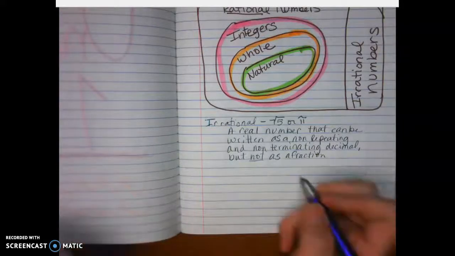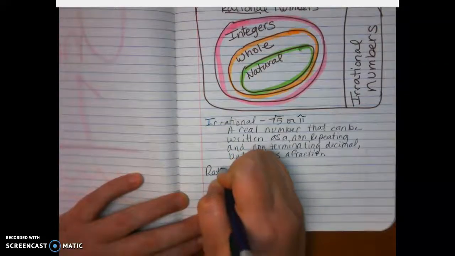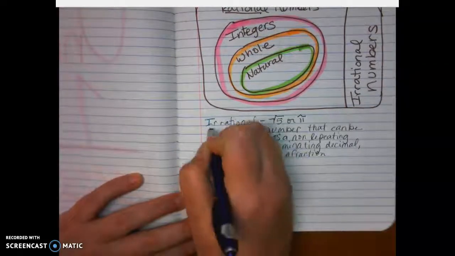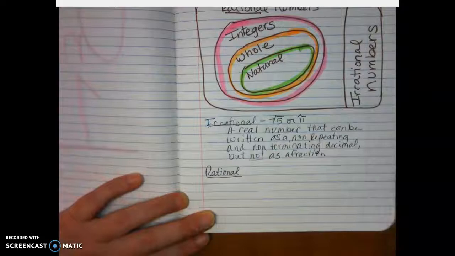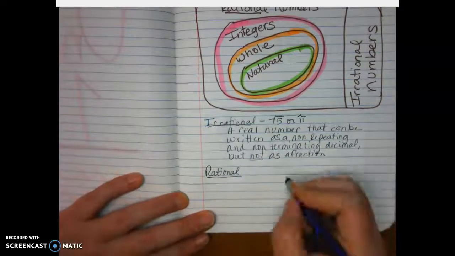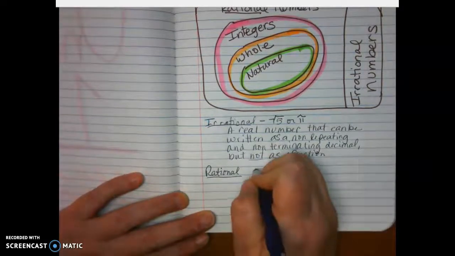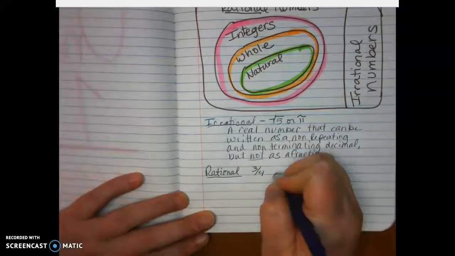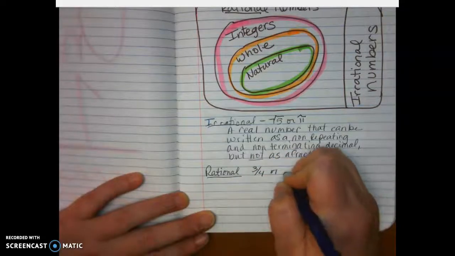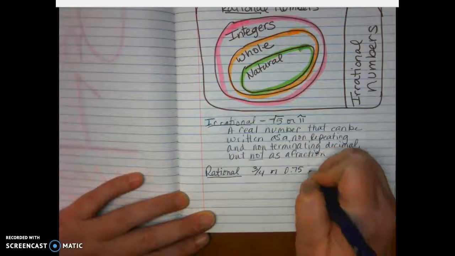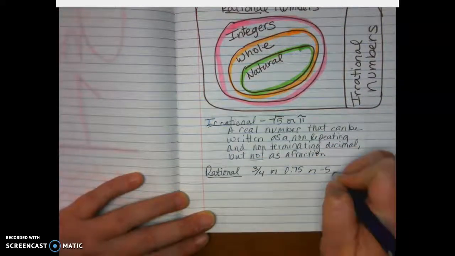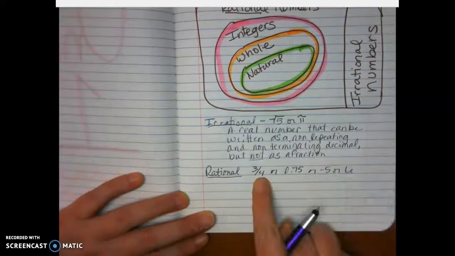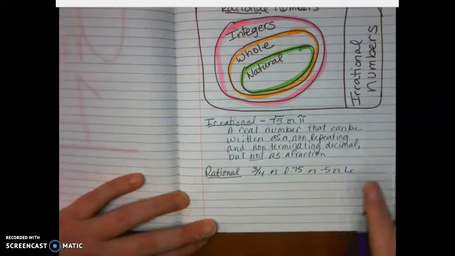Okay? Rational. And I wanted these to be on the same page. Yes, we'll have to go to a second page. You'll survive. Okay? Rational numbers. So like 3/4 or 0.75 or -5 or 6. Gee, those don't look alike at all. Okay?